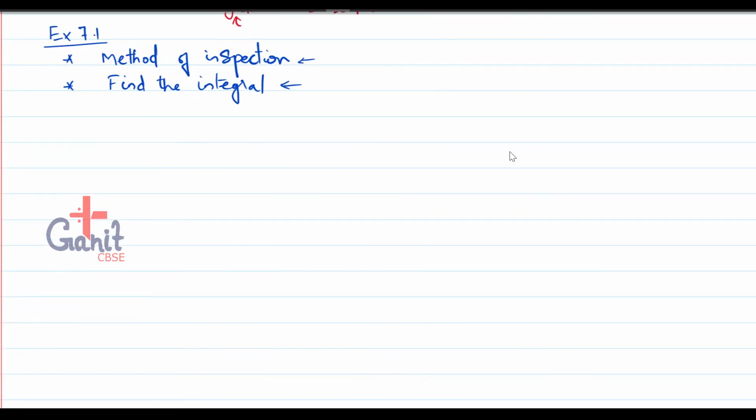Okay, so first one, using method of inspection. 3x square plus 4x cube. So we need to find the function that differentiates to give this function. So I need to differentiate some function to get 3x square plus 4x cube.